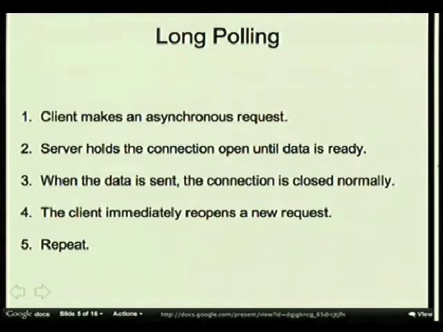And when it does have something to tell the client, it sends the body of that HTTP request back to the client, and the connection closes as usual with an Ajax request. Only then the client will turn right around and immediately reopen a new connection and wait for data. So if you've ever wondered what Comet is all about, what long polling is all about, that's essentially what's going on there.